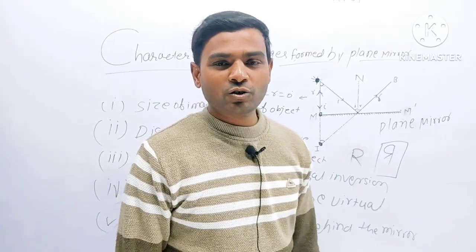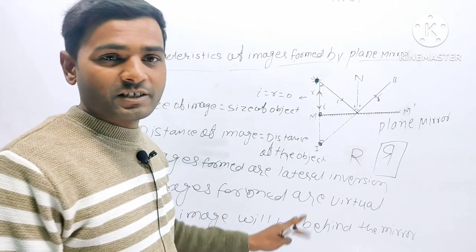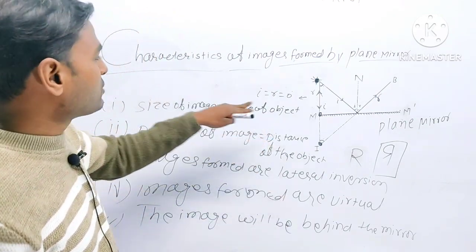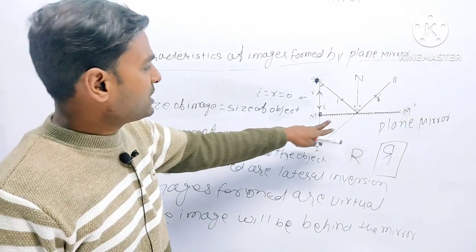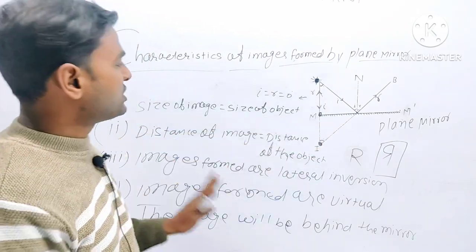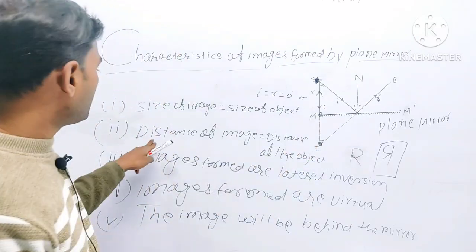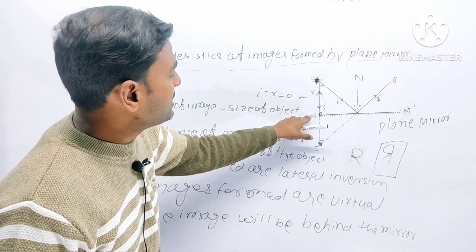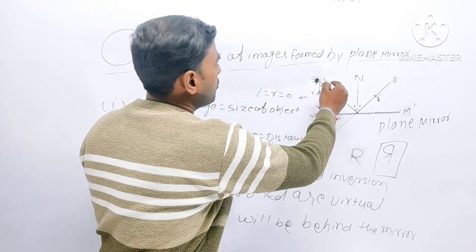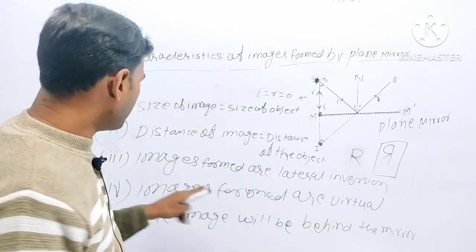Now we have discussed all these characteristics, so let's summarize all the points. The size of the image formed by a plane mirror will be the same, that is, the object size will be the same as the image size. The distance of the image, MI, will be the same as MO, that is, the object distance.